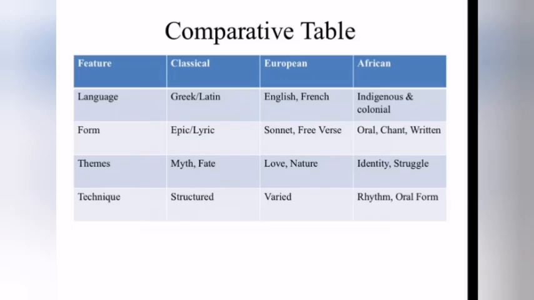The technique of writing in the classical era was structured, while the technique of writing in the European era varied, because this European era is divided into two, from the Medieval to the modern. There was a time where it was structured, and then that structured way of writing gave way to free verse.